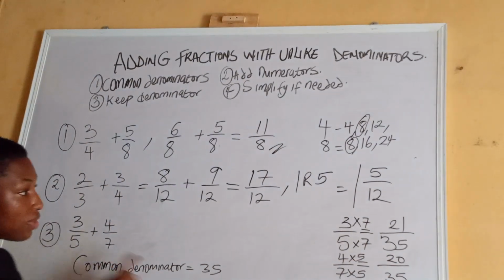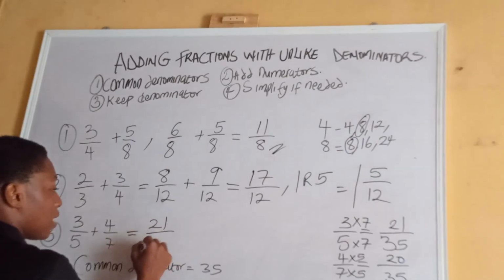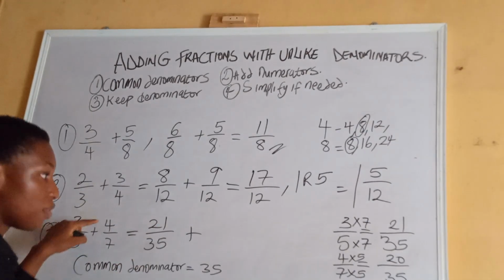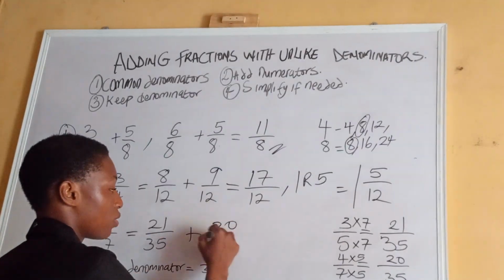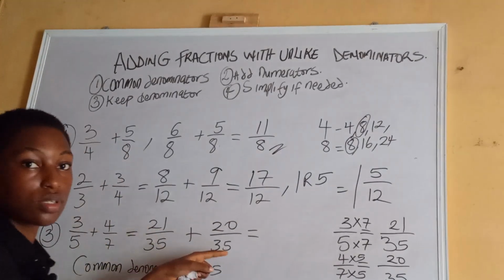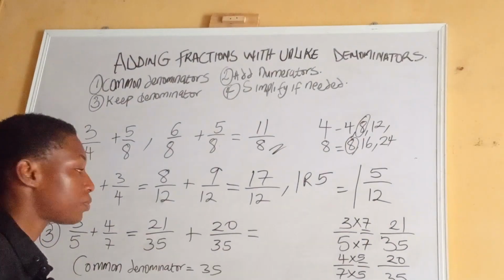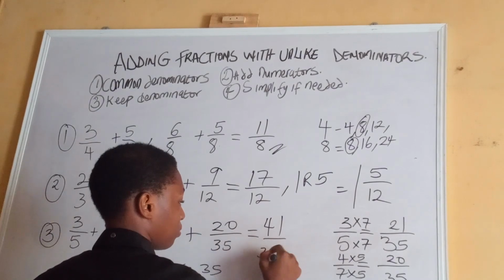The equivalent of 3 over 5 is 21 over 35, plus the equivalent of 4 over 7, 20 over 35. And when you add up, you have 21 plus 20. What would that give you? That's 41. So you have 41 over 35.